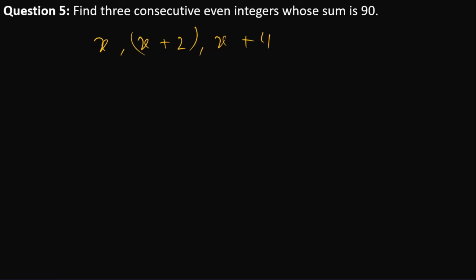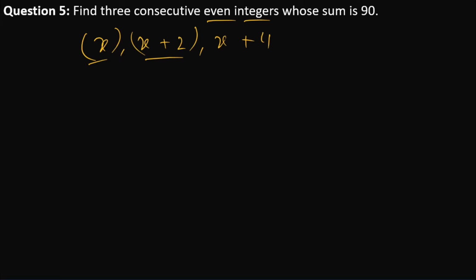And why have I chosen x plus 2, x plus 4? Because they have come up with even integers, so we need to add 2 for every next number. So here we consider the first number is x, then the next consecutive even integer will be x plus 2, then we'll get another even number.